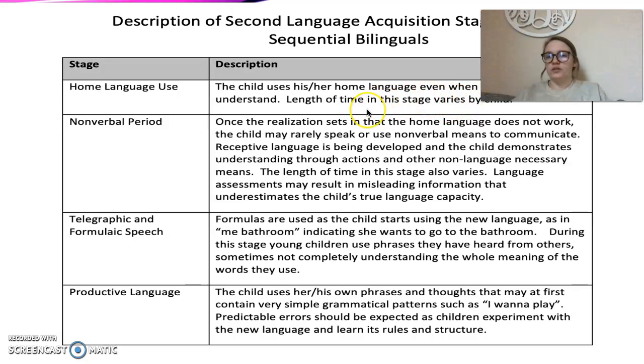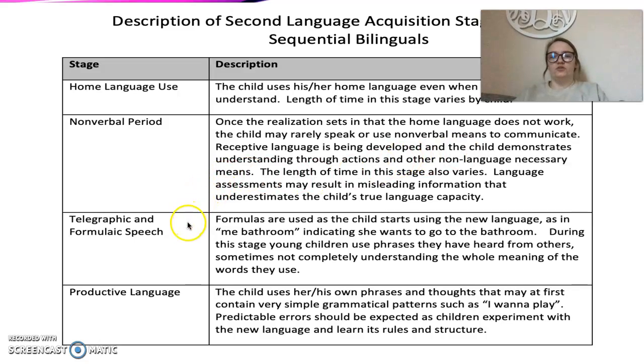So you'll go through this stage, and I'll talk about her in each of the stages in a minute. But the next stage, stage 2, is the nonverbal period. This is when they start to realize that people in their environment aren't really understanding their home language. So they stop talking altogether until they get more comfortable with the new language they are learning.